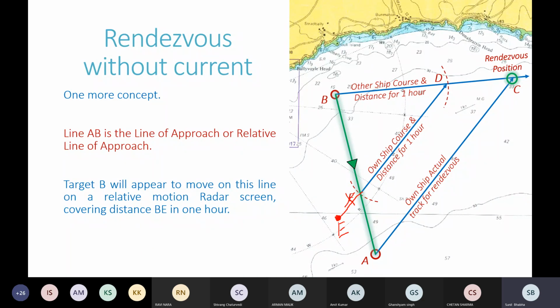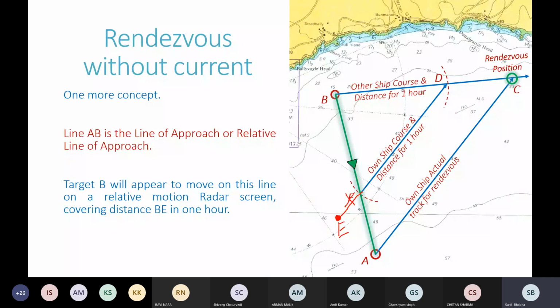So what I have done is I have drawn the other ship's course and speed vector, and where this vector has ended, that is at point D, I have drawn my ship's course and speed vector in reverse. These were the two items which were given to me, so I have plotted them following the same concept on my plot. Now, if I want to find out the line of approach of the other ship, how will the line of approach be?